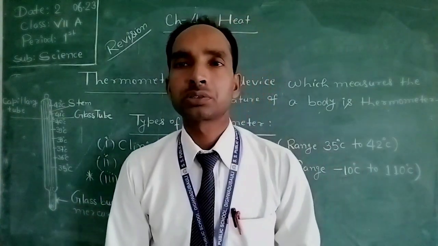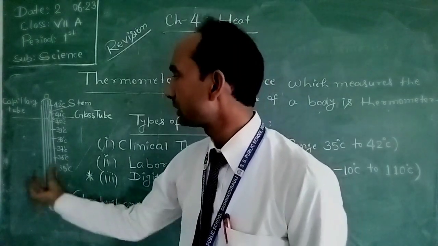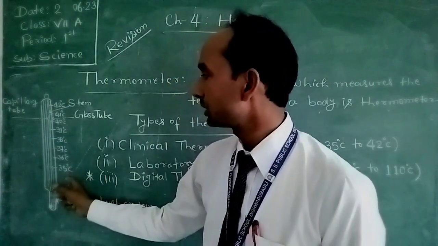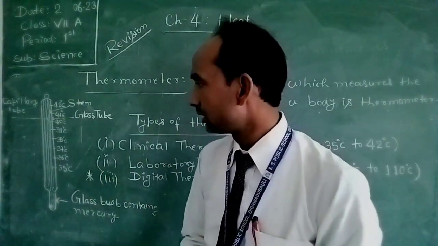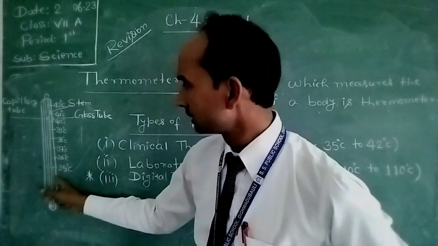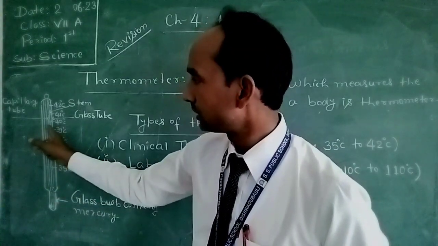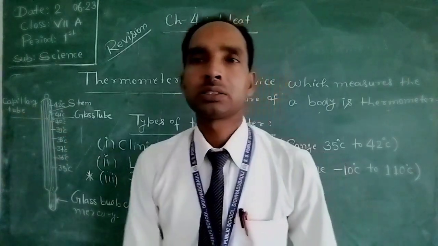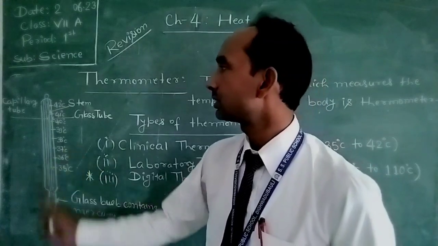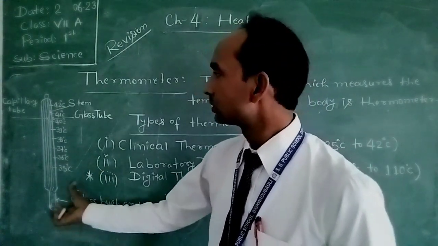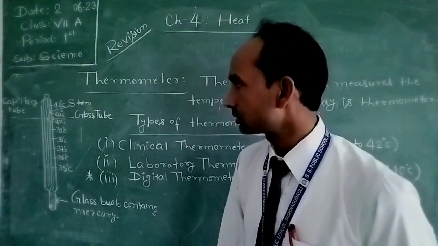After 2 or 3 minutes, the temperature of the human body is measured and read by seeing the mercury level rise in the capillary, and that level of the rising of mercury gives the temperature of the body. So this is the method of measuring the temperature of the body.